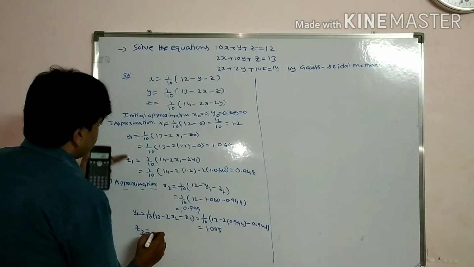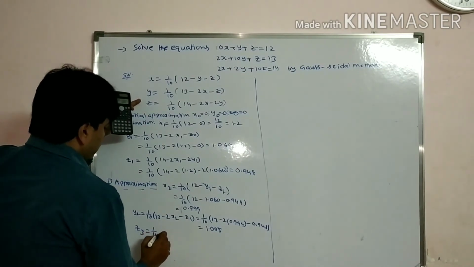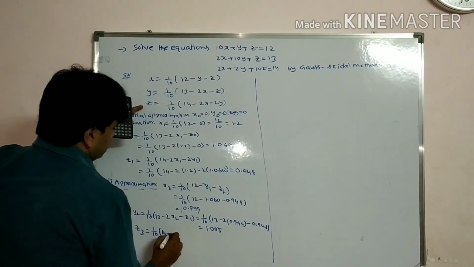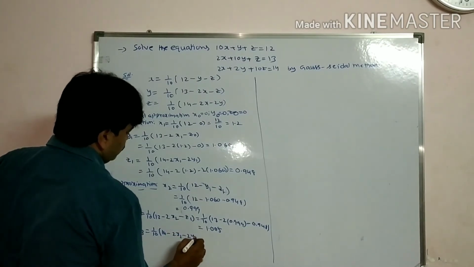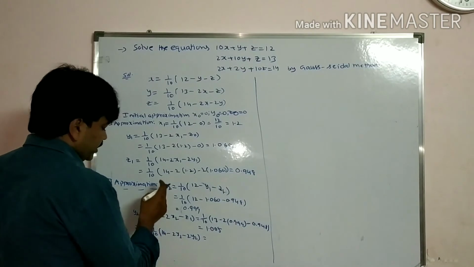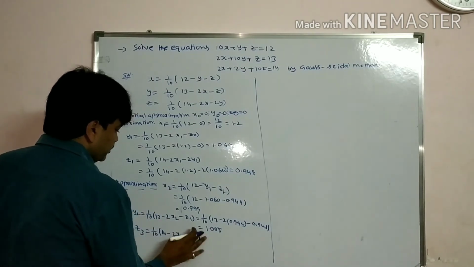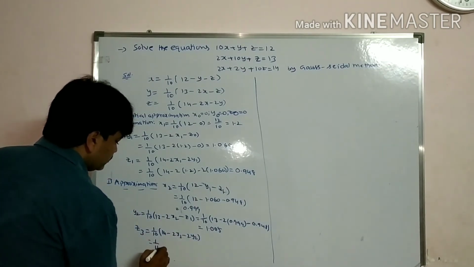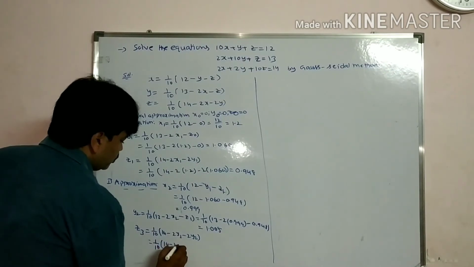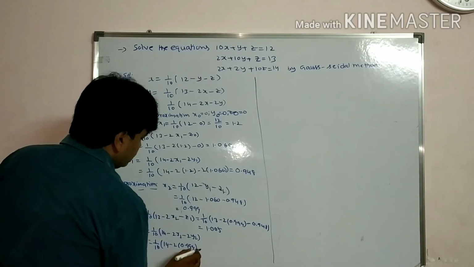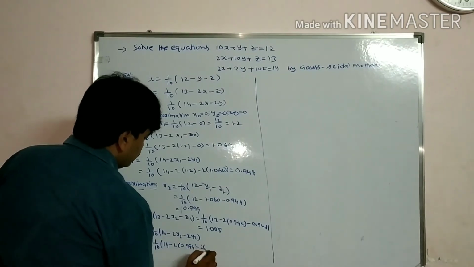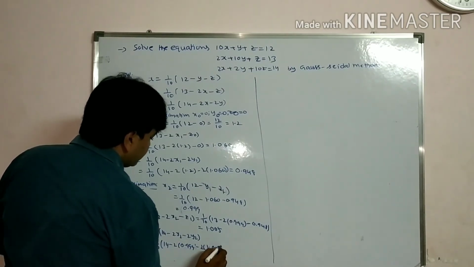And z2 value students. z2 is equal to 1 by 10, 14 minus 2x2 minus 2y2. We have found x2, y2 here students. So 1 by 10, 14 minus 2x2, 0.999, minus 2 into y2 value, 1.005.